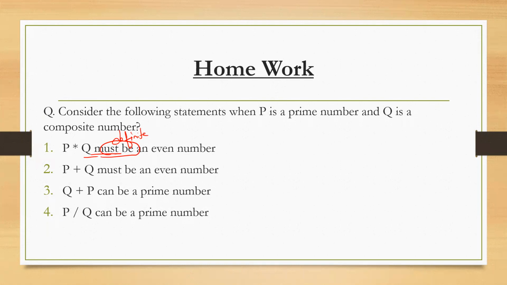What about 2? P plus Q must be an even number. So here, if I can just show, because for this statement to be true, it should be true for all values. Okay. So if I can show in any one of the cases that P plus Q is odd, I can negate this statement. Right? So P is a prime number, take a prime number 2. And Q is a composite number.